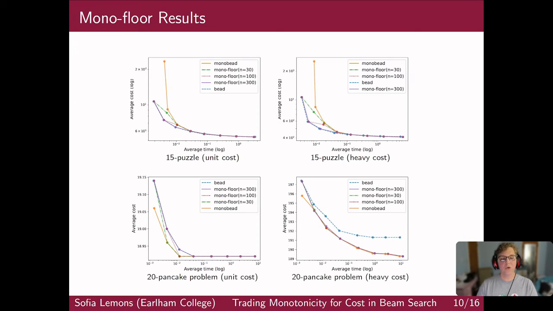The solution quality is between those 2 algorithms, and in fact, as n increases, the behavior of monofloor is closer to the behavior of bead search than to monobead, and vice versa. As n decreases, such as at n equals 30, the behavior is closer to monobead than to bead.